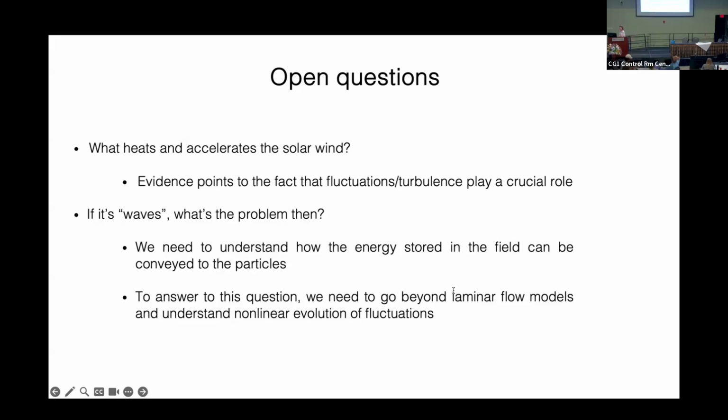The problem is that we have to understand how the energy stored in the fluctuating fields can be ultimately released to the plasma. To answer this question, we need to go beyond the laminar description of flows and beyond the description of linear waves that do not interact with each other. So this brings us to the topic of turbulence.